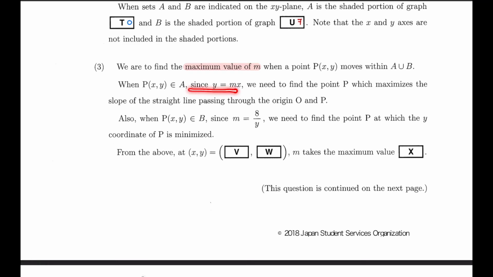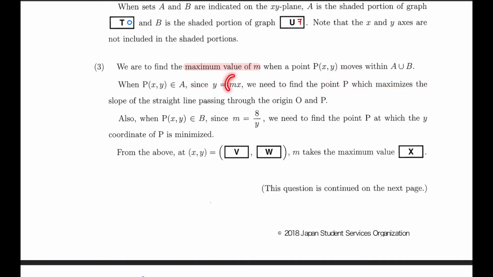Since y equals mx and we want to find the maximum value of m, m here represents the gradient of the straight line. So we need to find the point P which maximizes the slope.